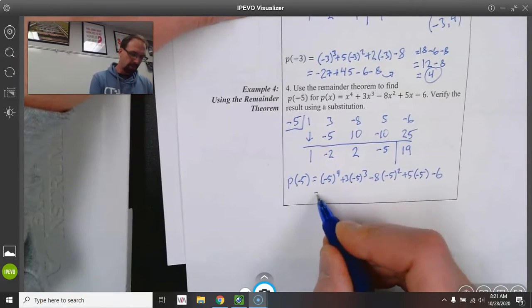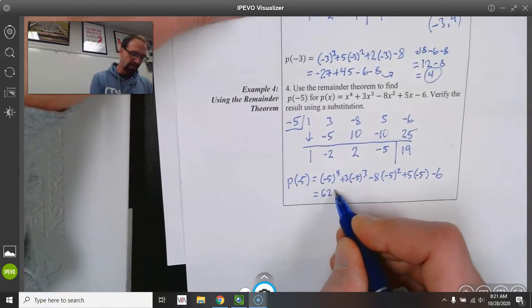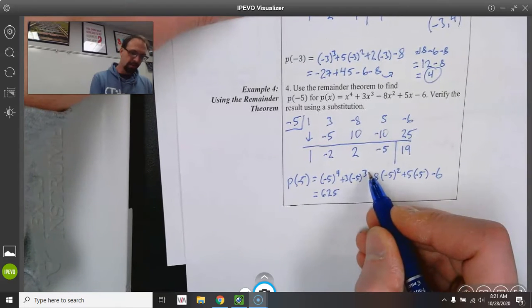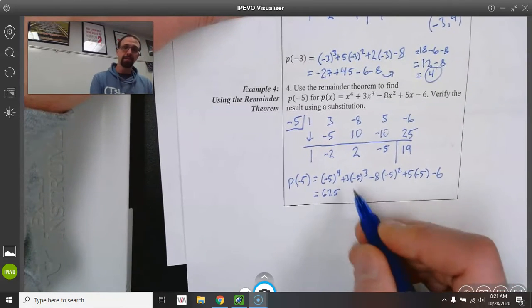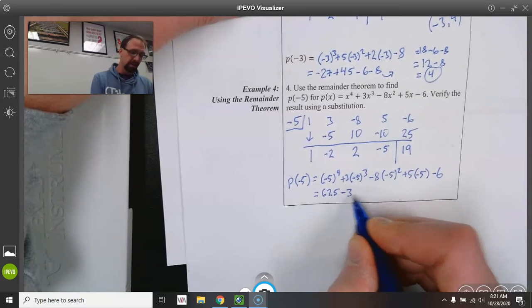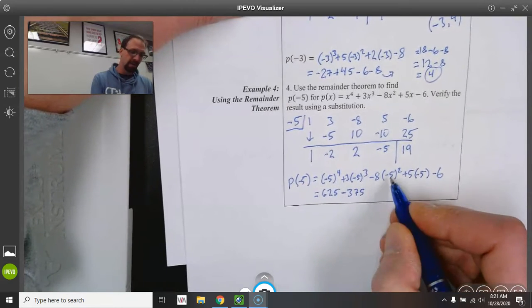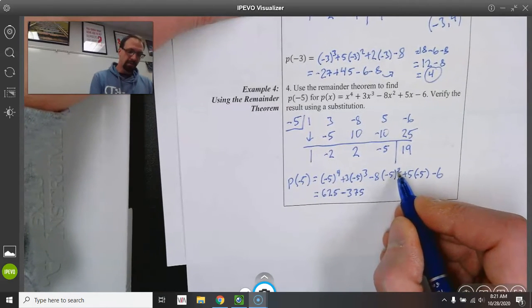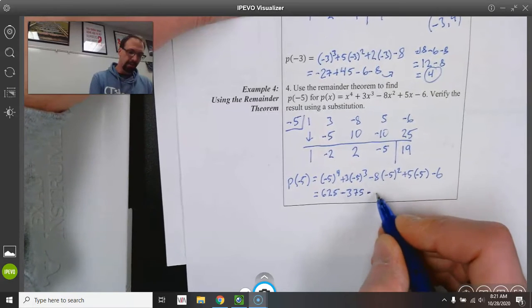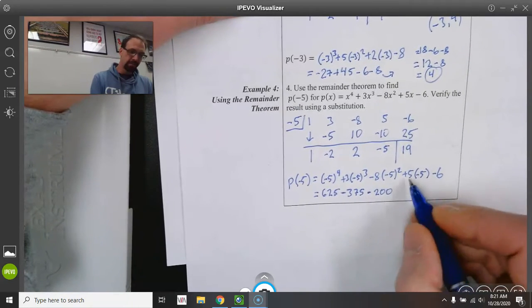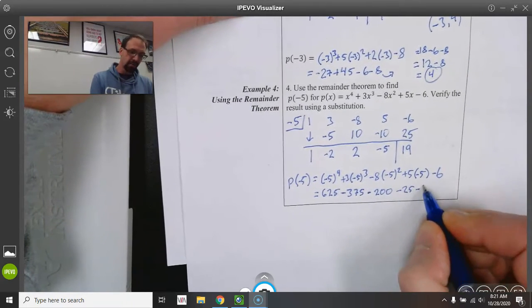Negative 5 to the 4th power is 625. Negative 5 cubed is negative 125. Negative 125 times 3 is negative 375. Negative 5 squared is a positive 25. Positive 25 times negative 8 is minus 200. And then minus 25, and then minus 6.